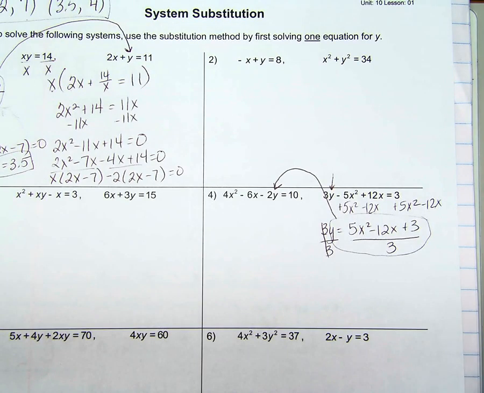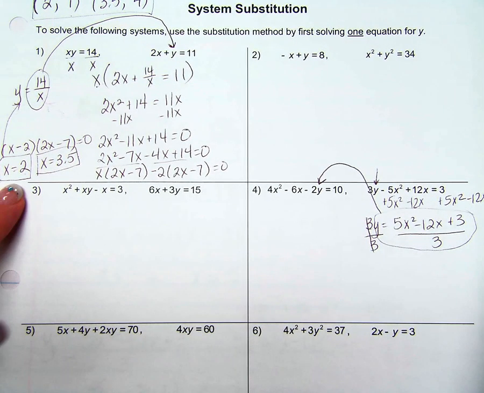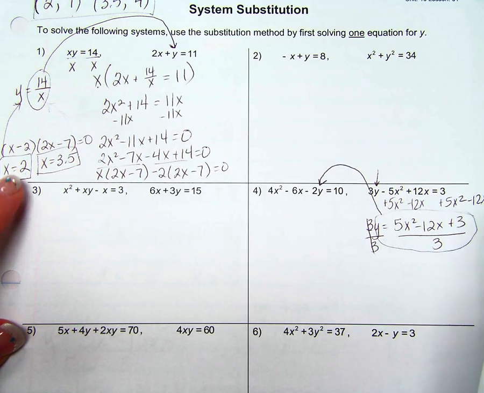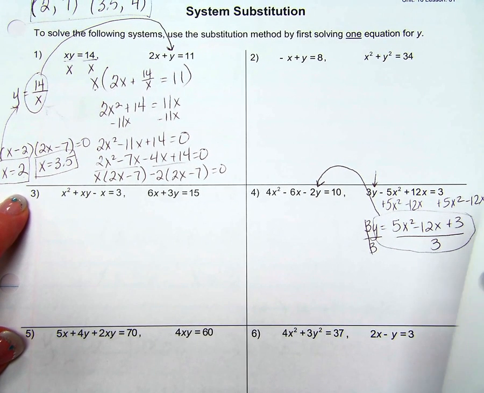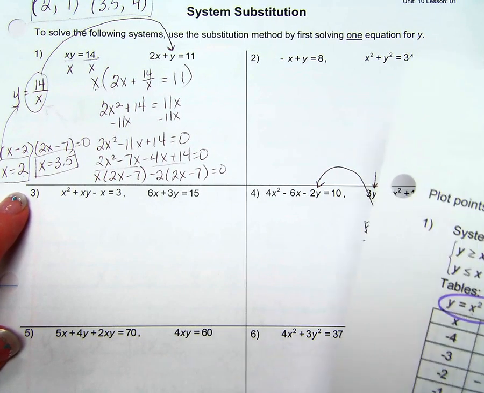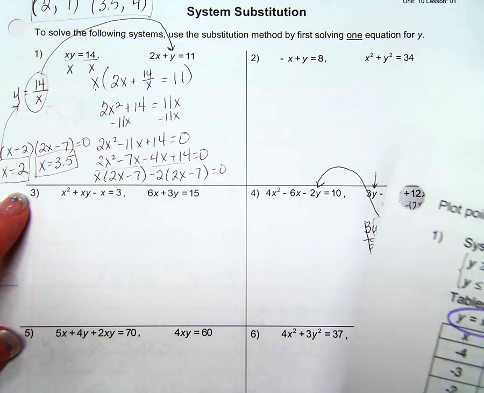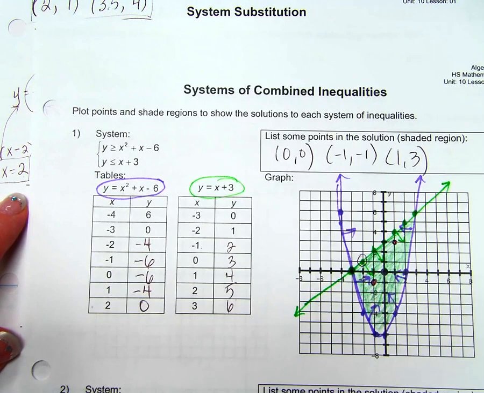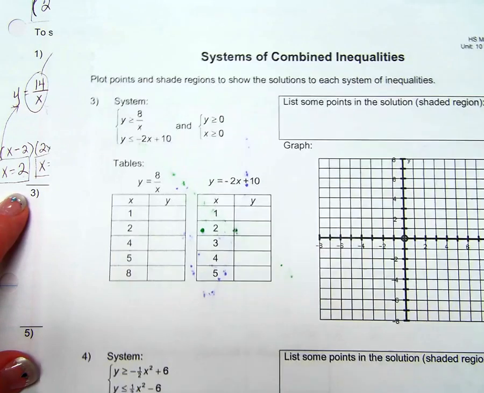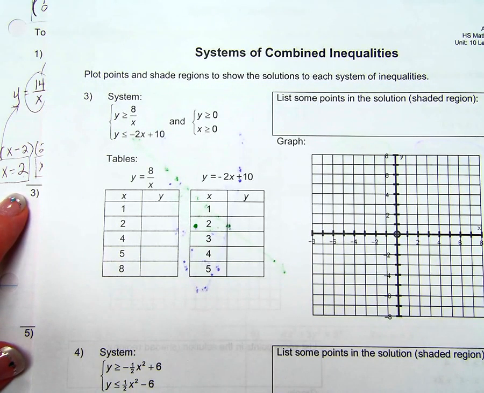All right, so what I need you to do for the weekend, 3 and 5 on system substitution, and on systems of combined inequalities, I would like you to do 2 and 3.